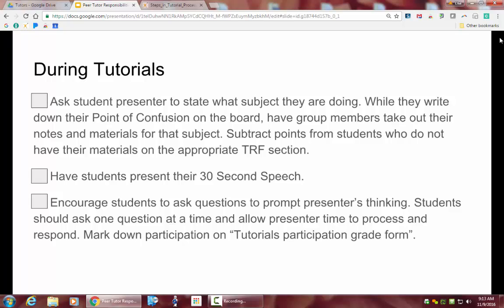Again, students present, and it is the responsibility of the group to encourage and ask higher level questions to help lead that student to the answer. You as a leader would also be completing the tutorial participation form to ensure that everyone is doing what they're supposed to be doing.